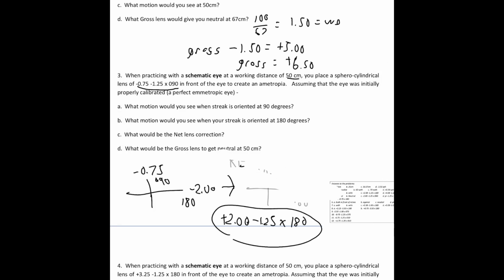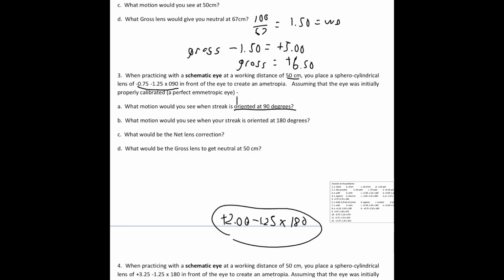I'm just going to delete all of this. Okay. What motion would you see with your streak oriented at 90 degrees? Now, I need you guys to pay a lot of attention to the wording that they use on the exam, because it says oriented at 90 degrees, but that is not the meridian you're scoping, okay?